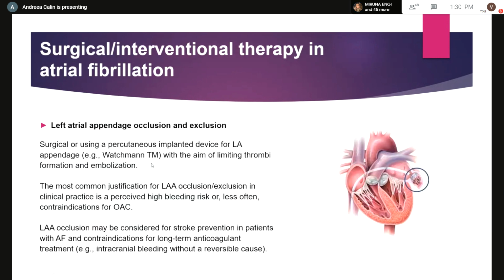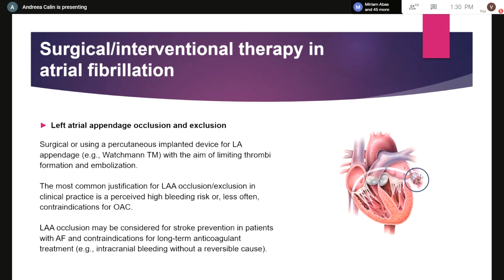We can also perform some surgical or interventional therapy in patients with atrial fibrillation in order to prevent thrombotic complications and embolism. This can be done either surgically or using a percutaneously implanted device for the LA appendage, the Watchman device, for example. There are many studies with this device, with the aim of limiting thrombi formation and embolization.